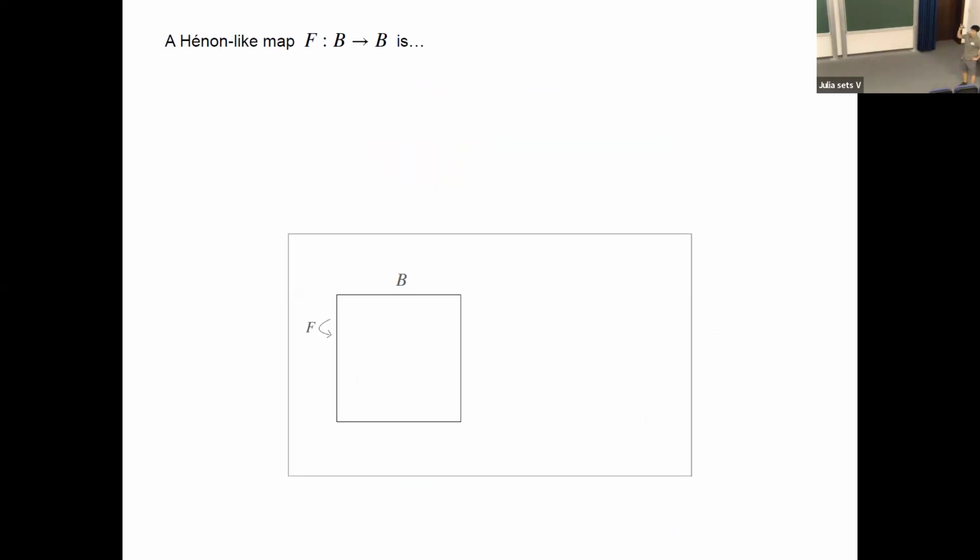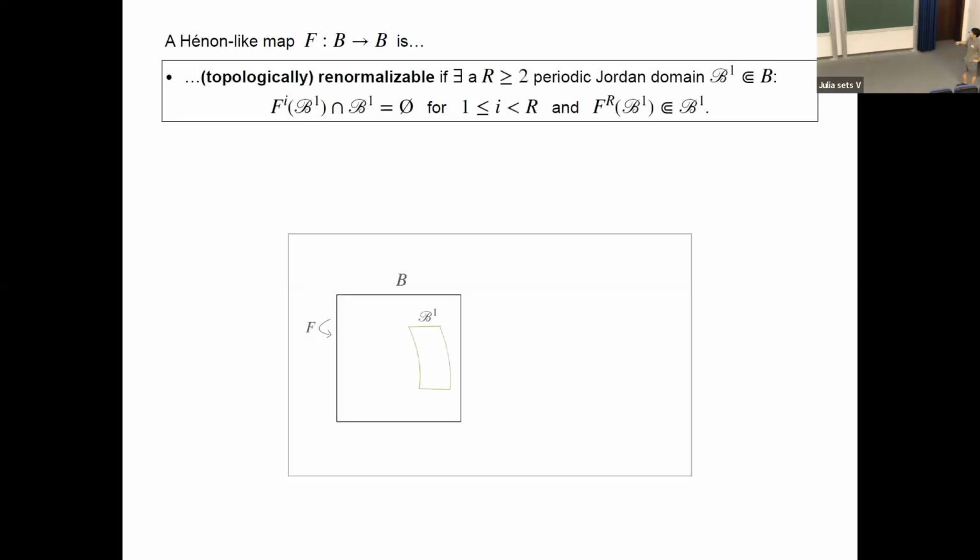It says that a Hénon-like map is topologically renormalizable if you can find a subdomain inside your phase space, which under the dynamics goes around a couple times, and then after you apply some period number of iterations, the image will go compactly inside where it came from.